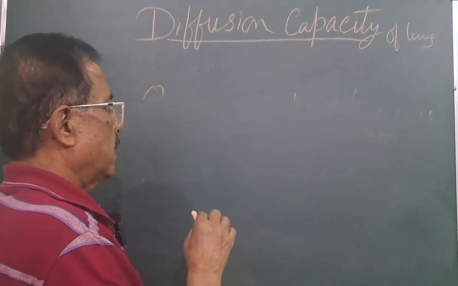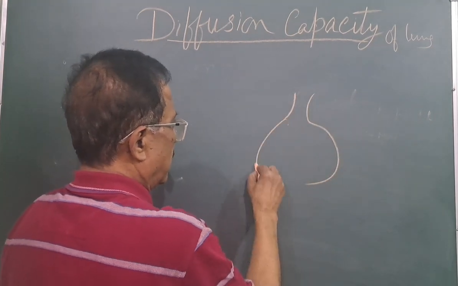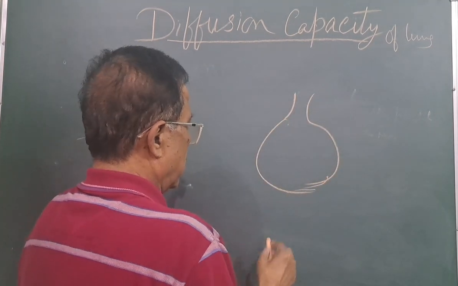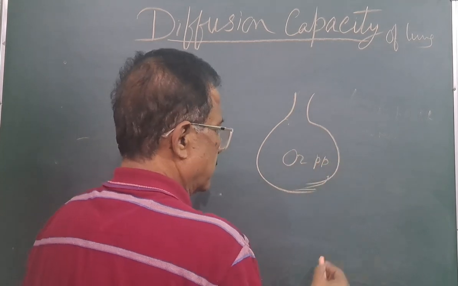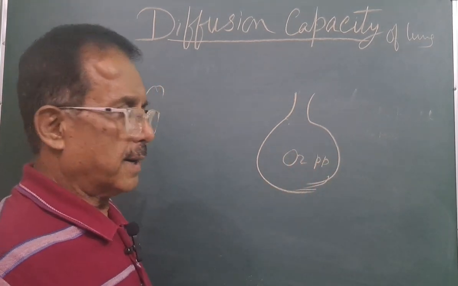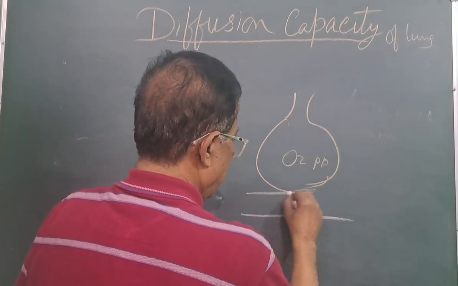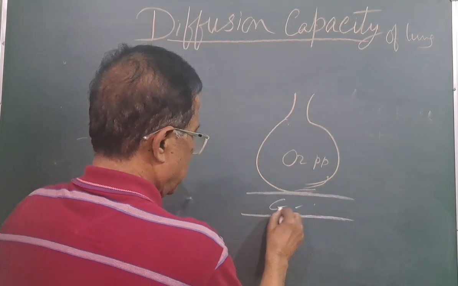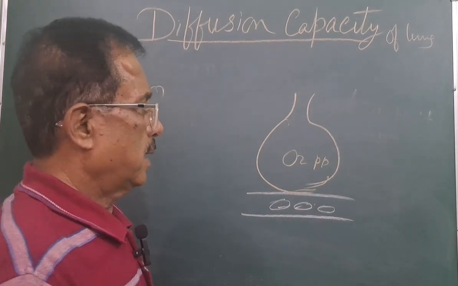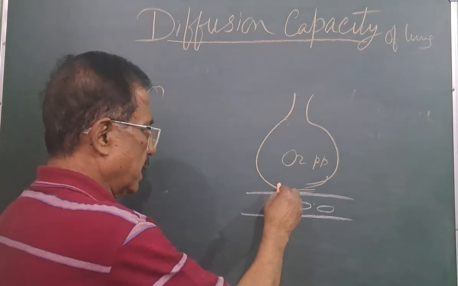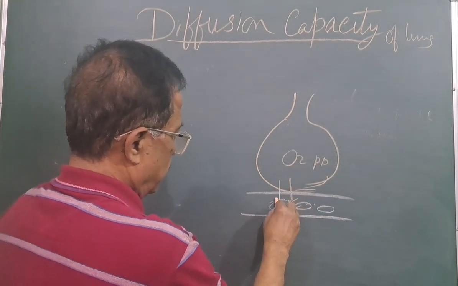Here also, in alveoli, oxygen partial pressure or oxygen concentration is more in the alveolar air, and in the blood passing through here oxygen concentration is less and partial pressure is also reduced. Therefore, oxygen will diffuse to the pulmonary blood.